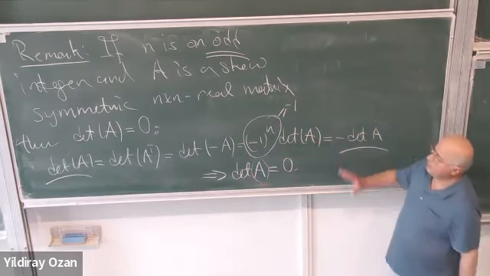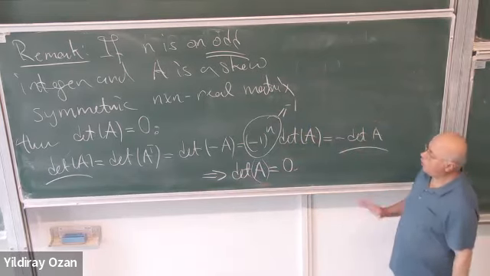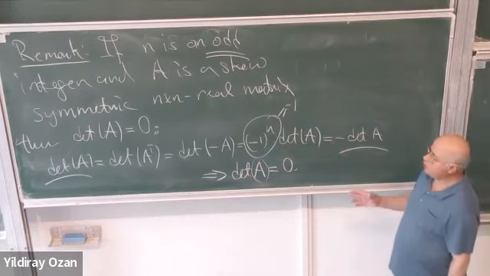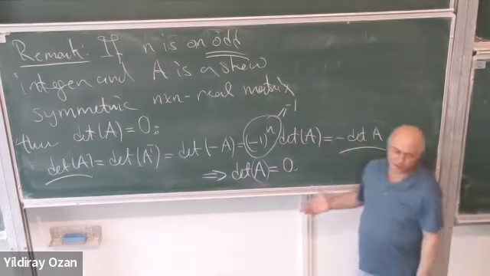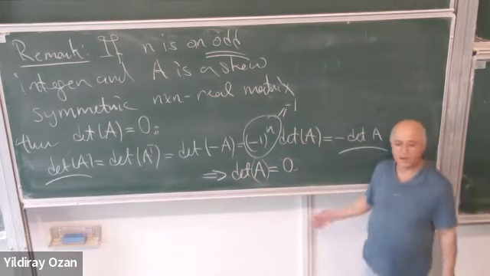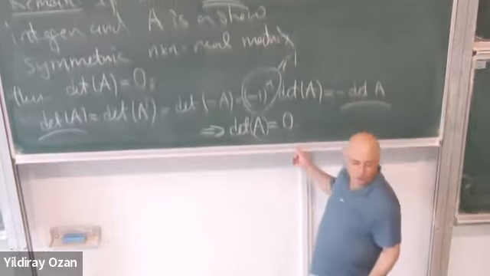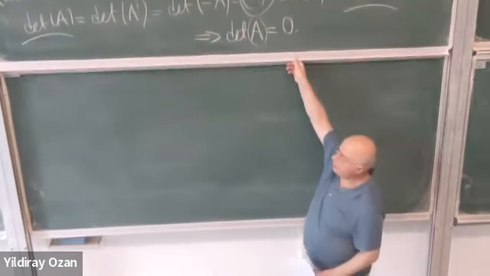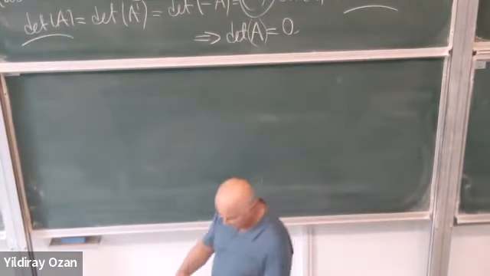So if n is an odd integer, then the determinant of a skew symmetric matrix is not interesting. It is always 0. Therefore, we may concentrate on even dimensional matrices.